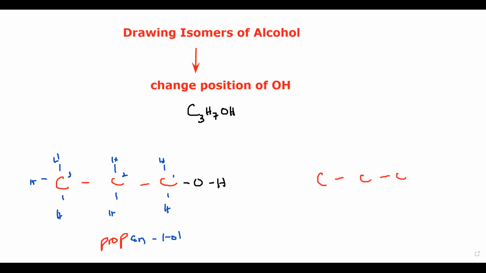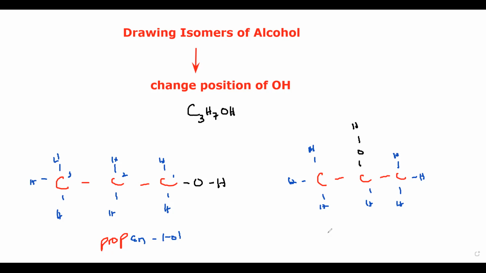We can change the position of OH. If OH is attached with the second carbon, they have a different structure, and when they have different structure, their names will also be different. So what is the name of this compound?